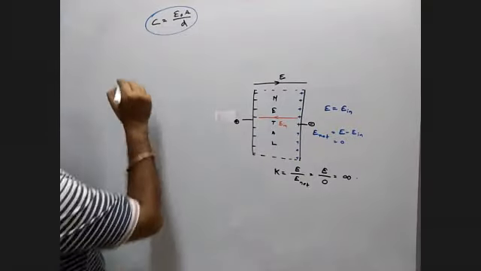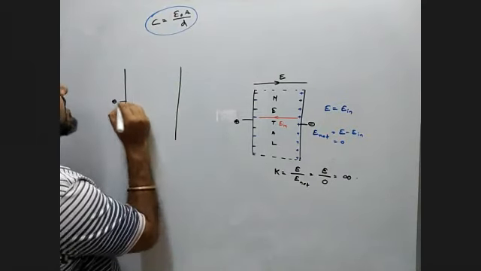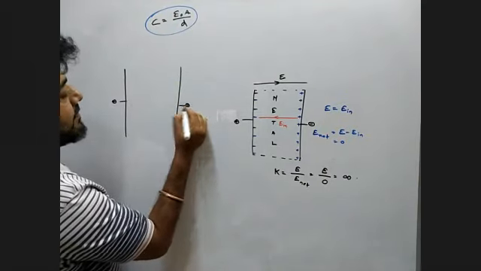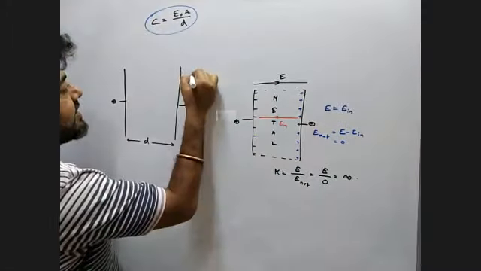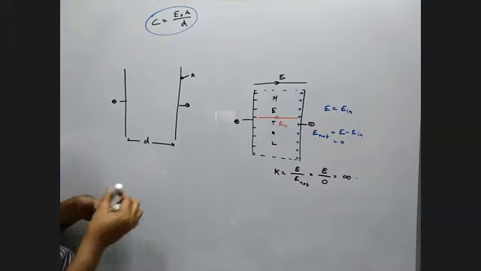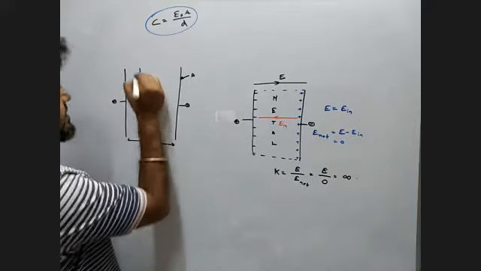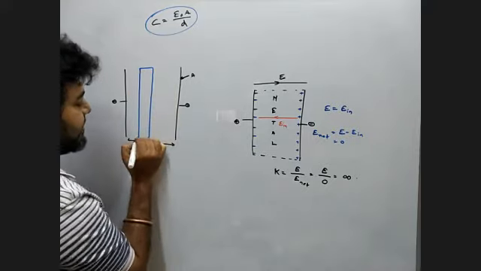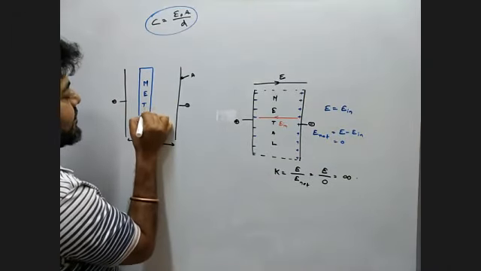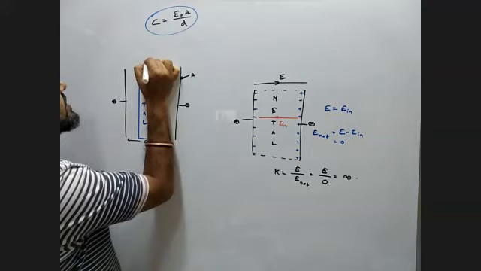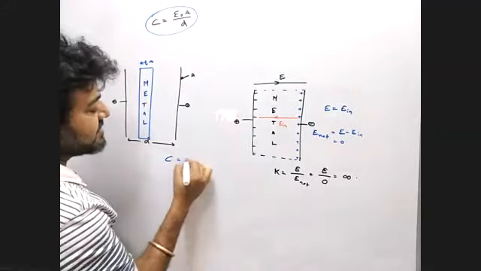Now suppose in a parallel plate capacitor, this one is plus, this one is minus, and suppose this separation is D, plate area is A, and suppose we insert a dielectric slab, which is metal, whose thickness is T. So what about the capacitance?